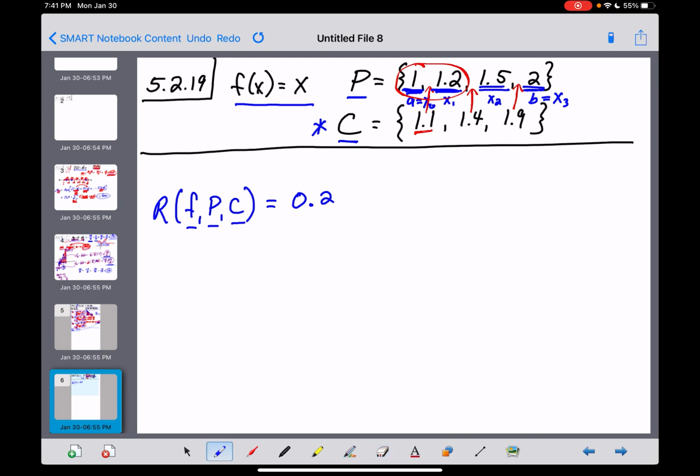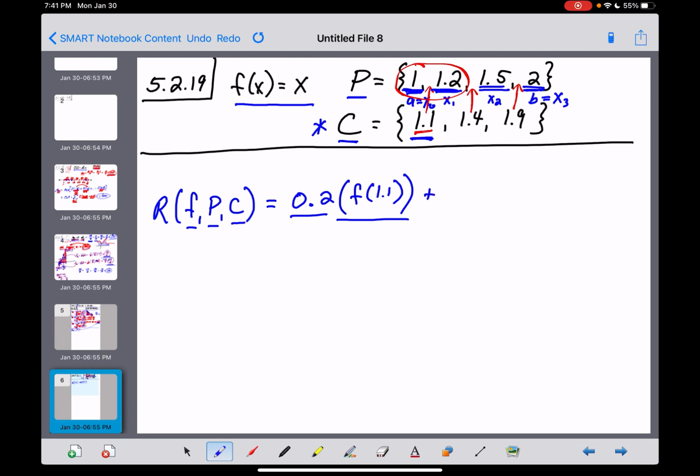So 0.2 is the width of the first rectangle. The height of the first rectangle gets evaluated at this random value that they gave you here. So that is going to be f of 1.1. And that right there, guys, is the base times the height of the first rectangle.